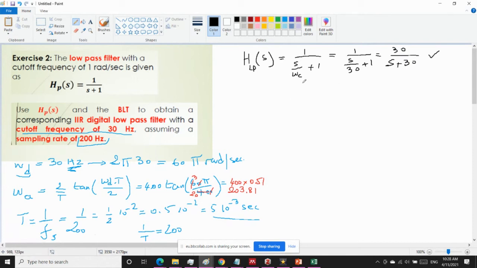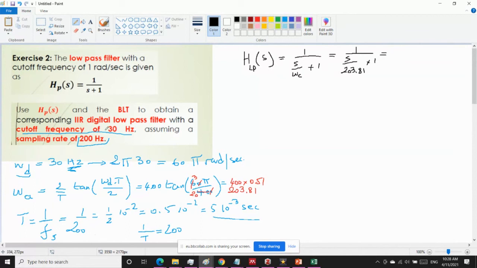Sorry, what did we do here? This cutoff frequency is the analog cutoff frequency. The 30 Hz he gave us is digital, so it has no relation here. This is a common mistake, which is why we had to convert to the analog one. So this is 1 over S over 203.81 plus 1.